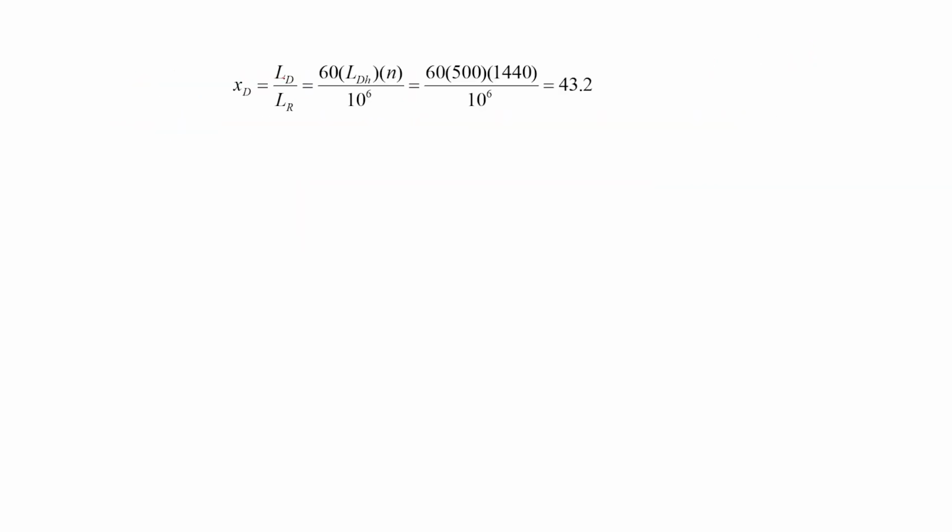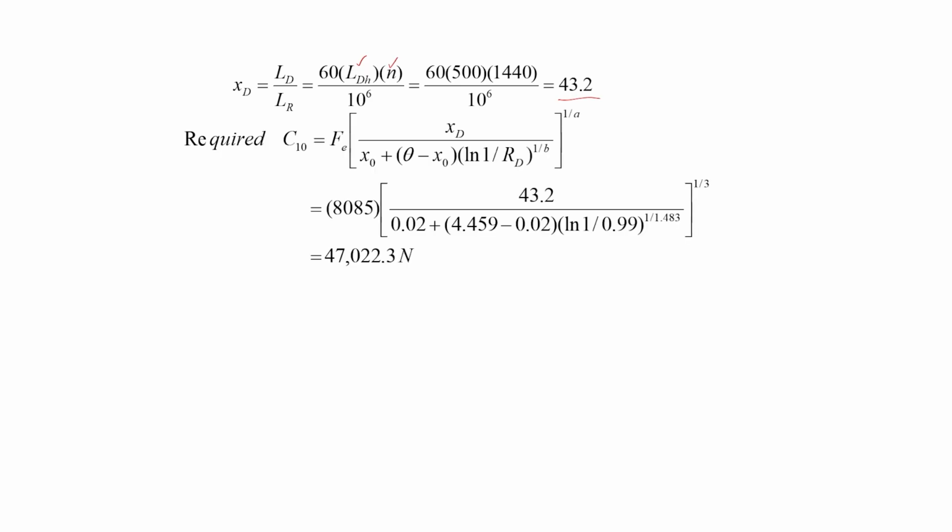XD is equal to LD divided by LR, and LD is obtained knowing the life required in number of hours, and knowing the RPM, we get XD as 43.2. The required C10, the FE we have calculated just now as 8085. This XD is obtained as 43.2, which is substituted here, and the RD is 0.99, and the Weibull parameters are given in our problem as theta is equal to this one, x0 as this.